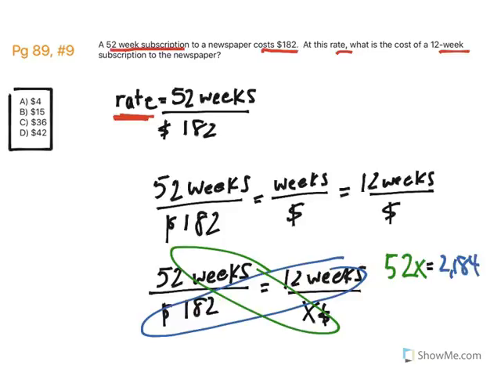Okay, so I will divide both sides by 52. Now look at x equals 42. X equals 42 what? What is this answer telling me? X equals 42. Well, let's look back at the equation.